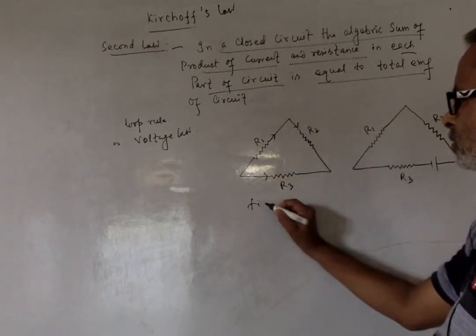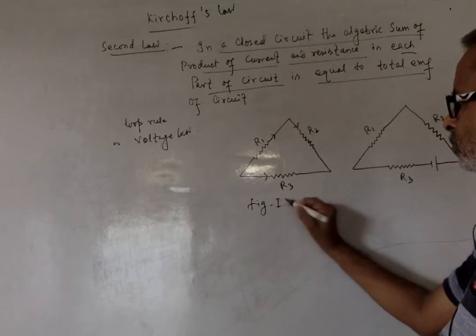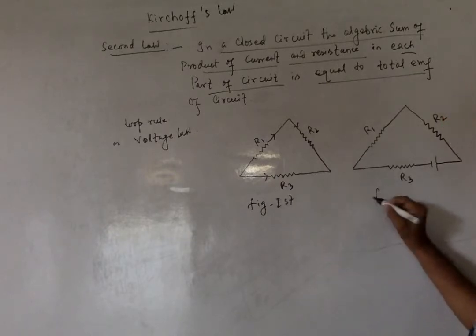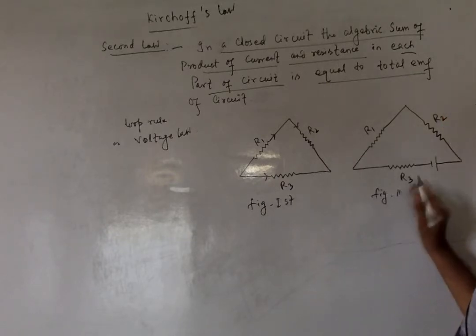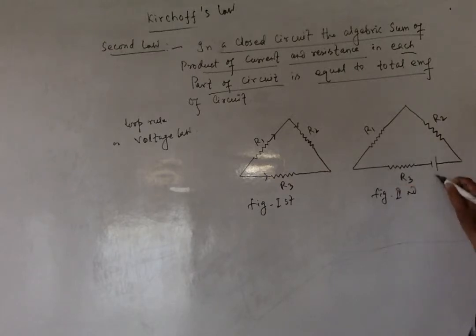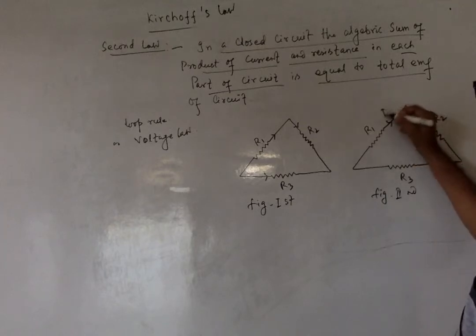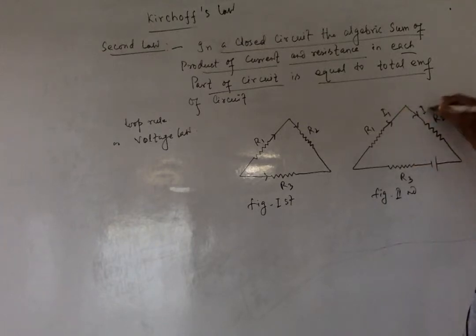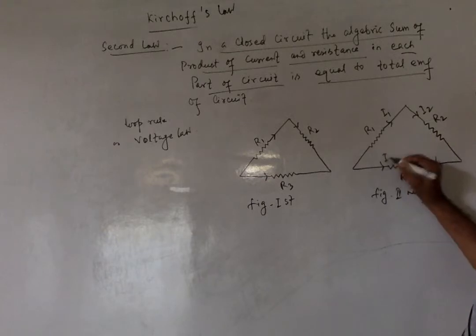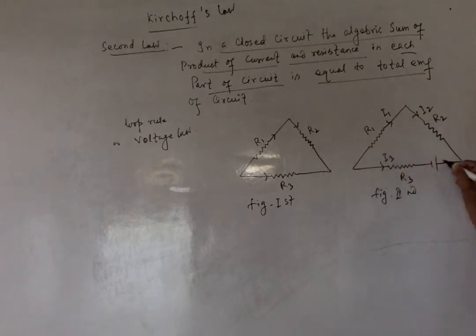Figure first, figure second. The currents are I1, I2, I3. The current flowing through the cell is IB, its resistance is B, and the EMF is E.